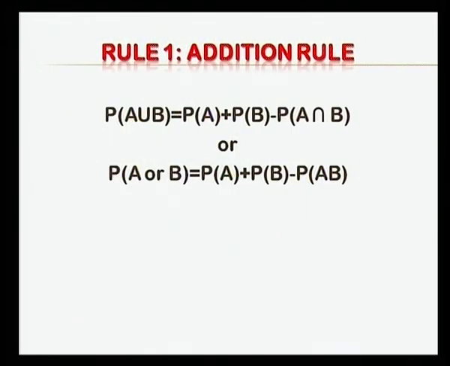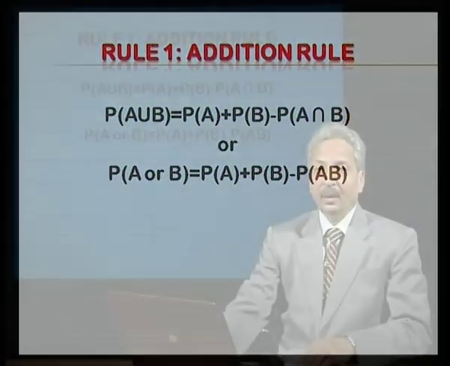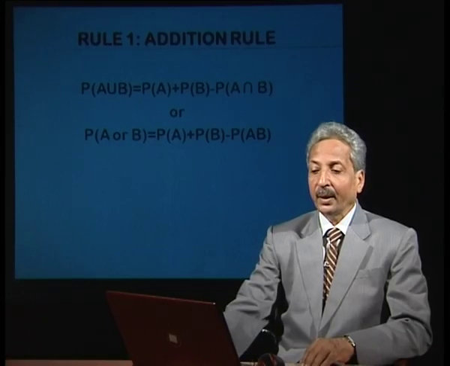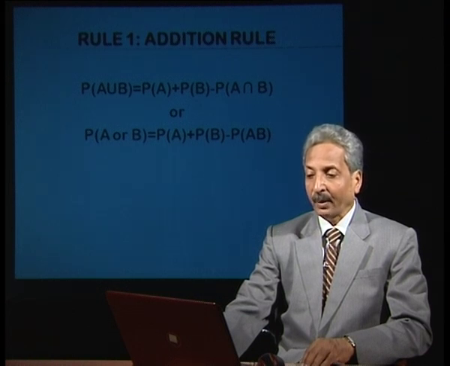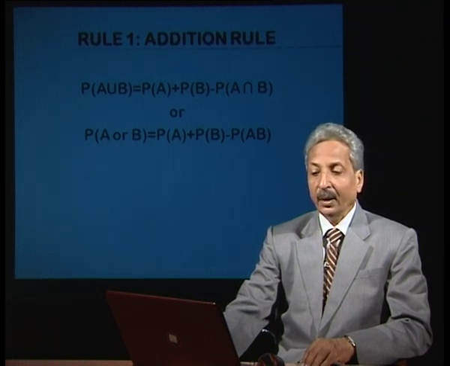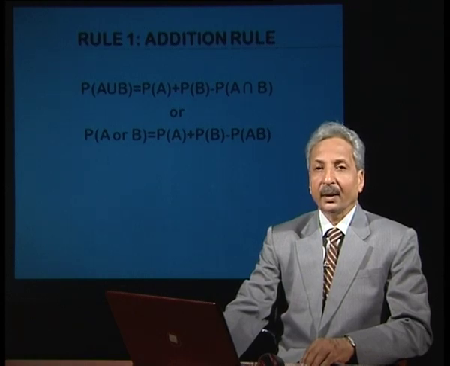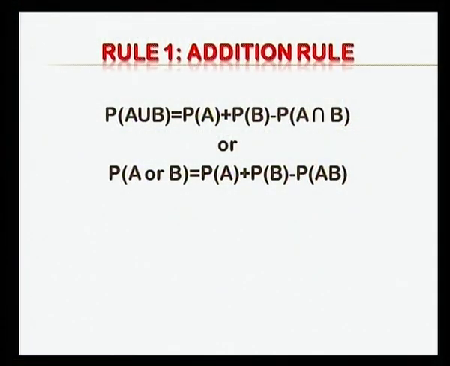If A and B are two events, then probability of A union B equals probability of A plus probability of B minus probability of A intersection B, or this can be written as P(A or B) = P(A) + P(B) - P(AB).